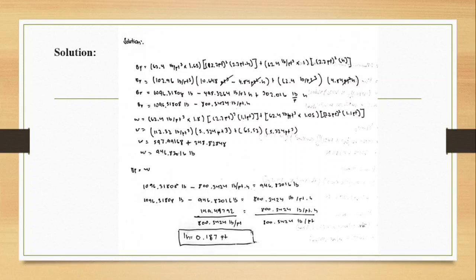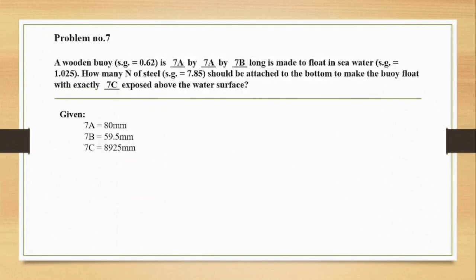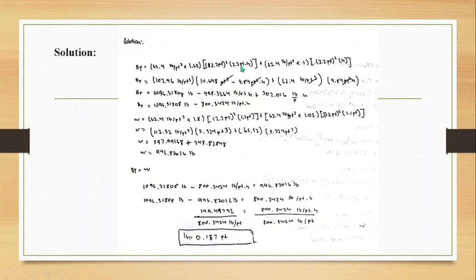That 1.65 is our given for 6c. Then 2.2 feet is the given cube side, times 2.2 feet times (2.2 minus h), plus 62.4 pounds per cubic foot times 1, times 2.2 feet squared times h.